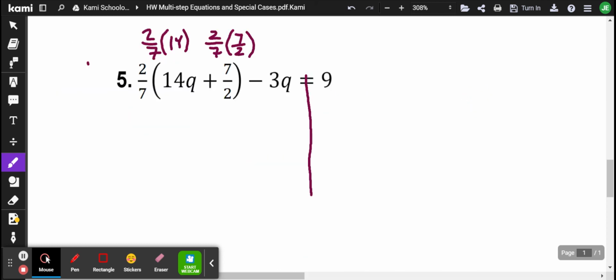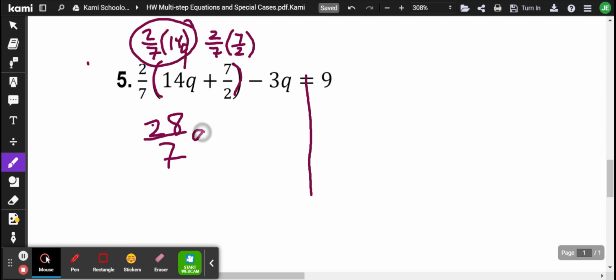Number 5 has a fraction to distribute through the parentheses. So we're going to multiply 2 sevenths times everything inside this parentheses. So we got 2 times 14 is going to give us 28 over 7, and that has the q on it.